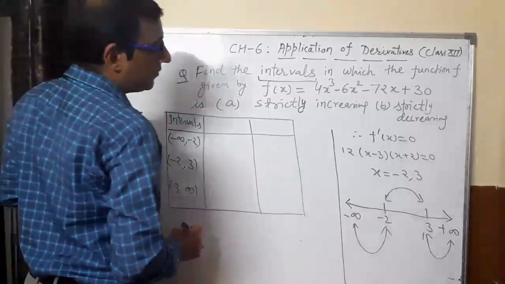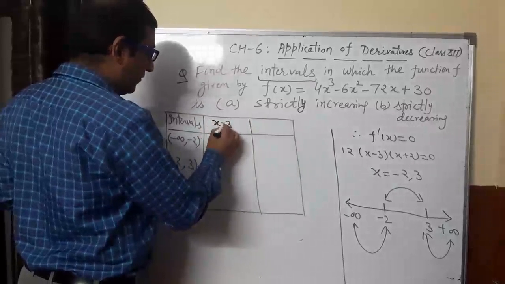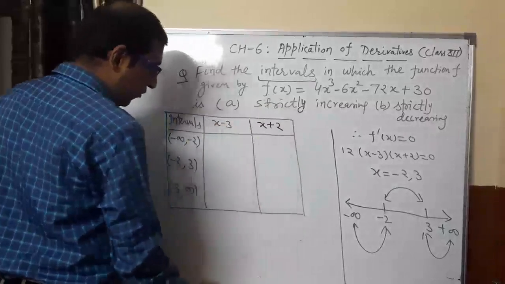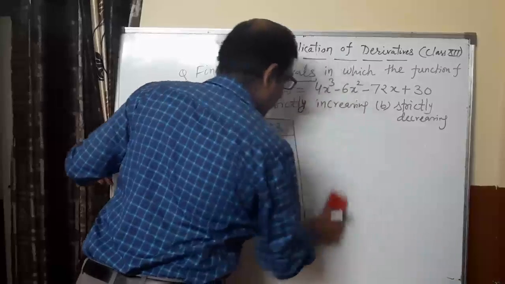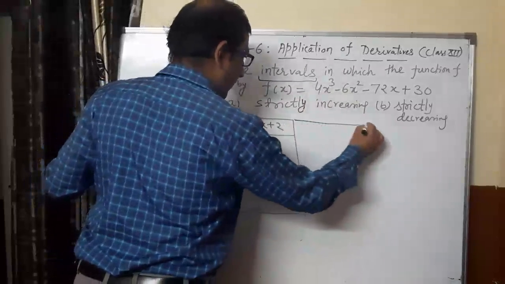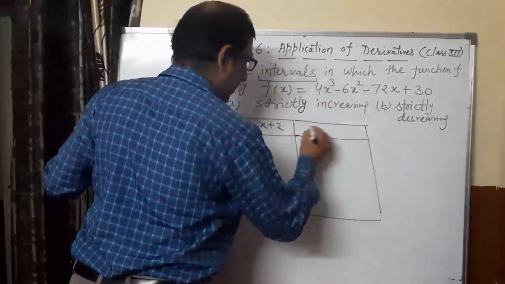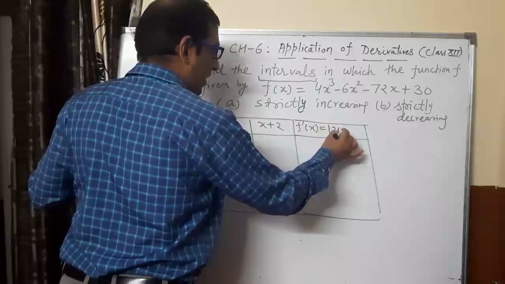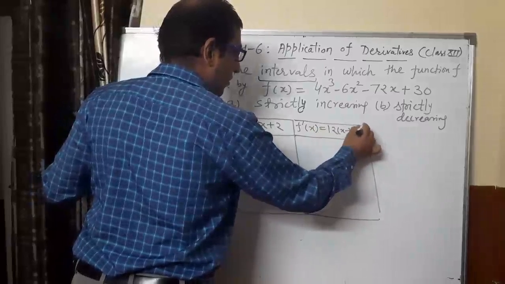And here we will write the factors, that is x minus 3, x plus 2. We will make one more column. Here we will write the value of f dash x, which is equivalent to 12 times (x minus 3)(x plus 2).